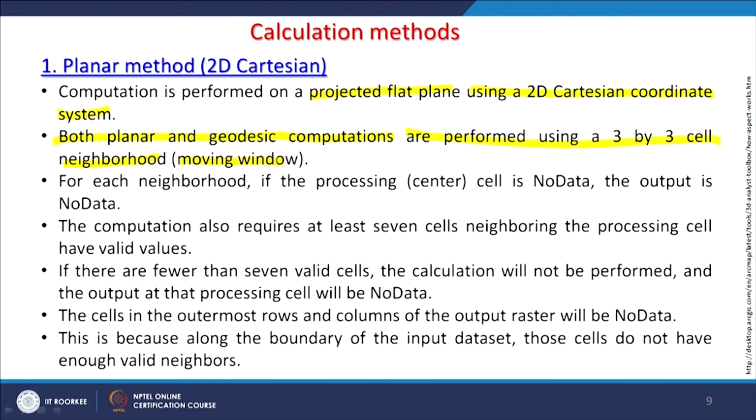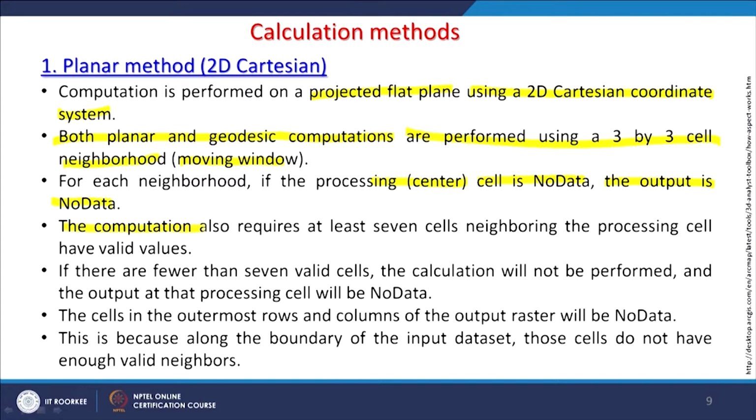Now, for each neighborhood out of those 8, if the processing cell, the center cell, is no data, the same condition as in case of slope calculation, the output will also be no data. So, if input is no data, output would also be no data.